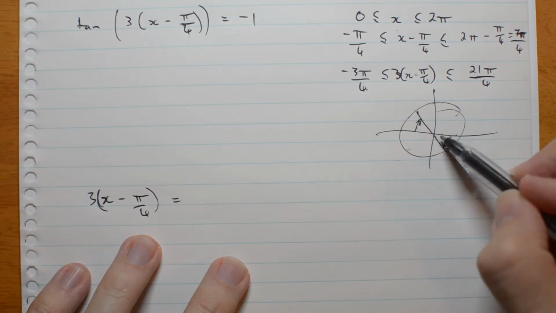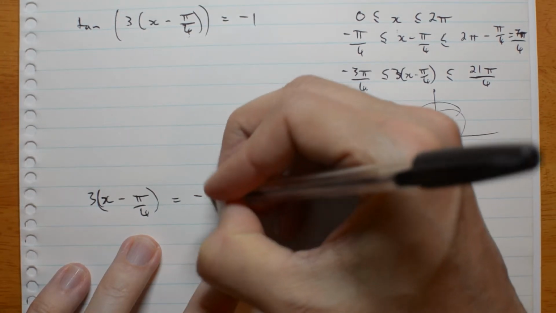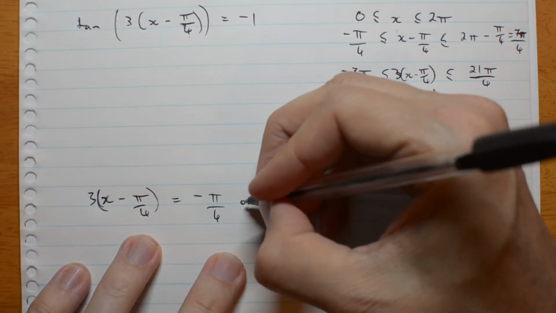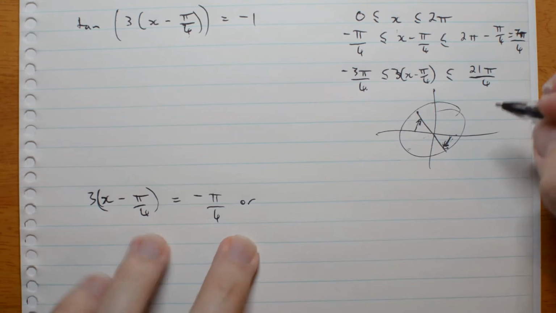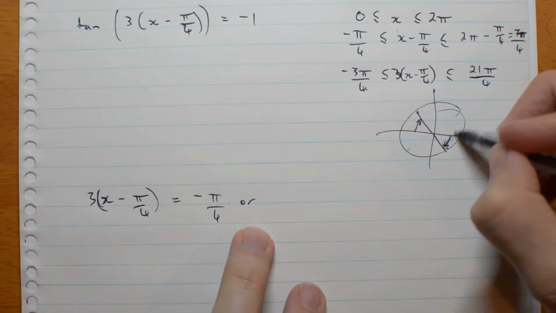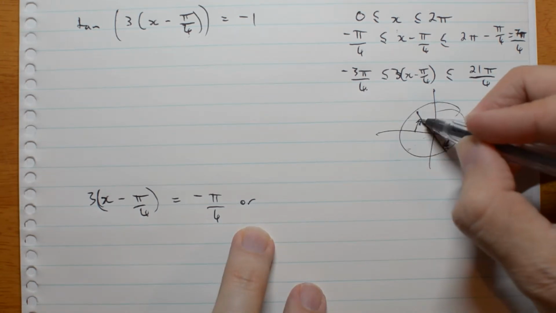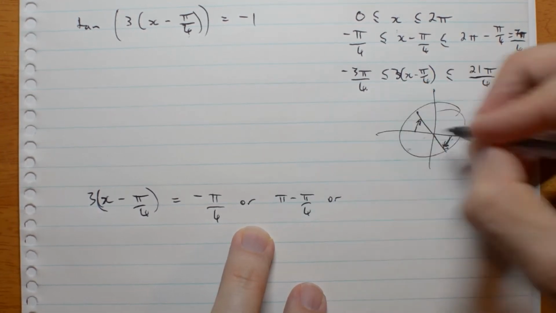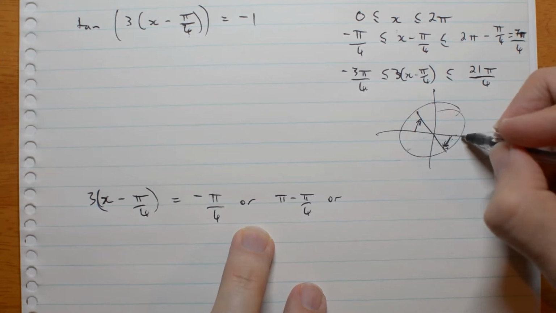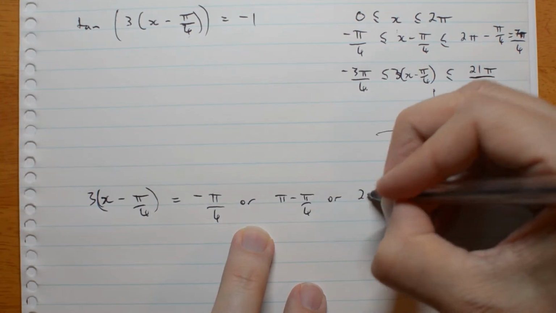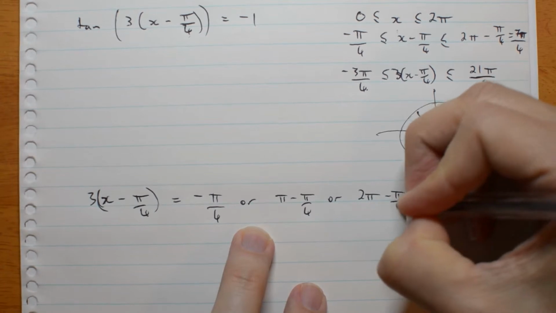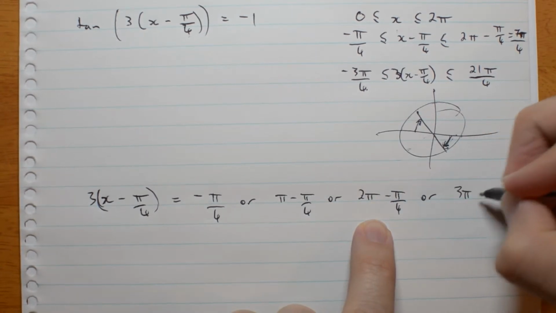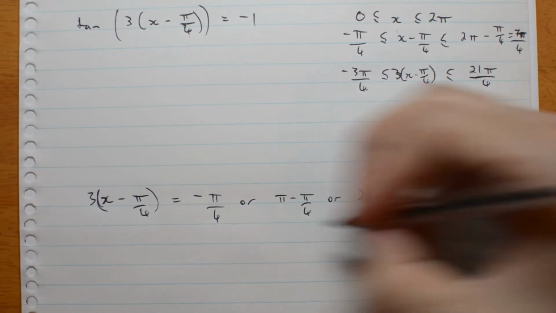So I'm not going to get back another one, so let's go minus pi on 4. You know what, I'm going to get tired of writing or. Maybe I should be writing a comma. Next one will be pi minus pi on 4. Next one for tan will be over here, 2 pi minus pi on 4. So next one will be 3 pi minus pi on 4.